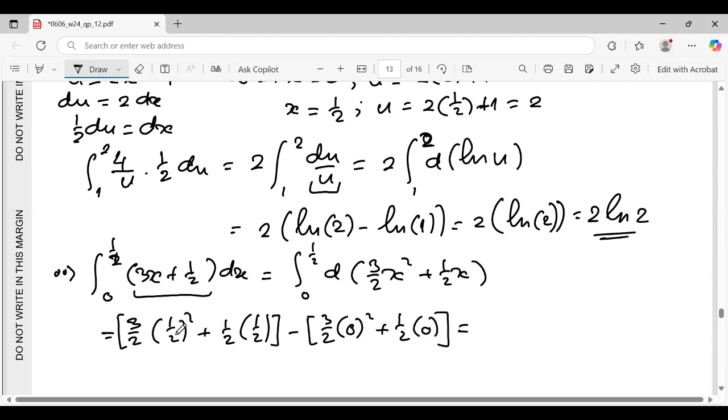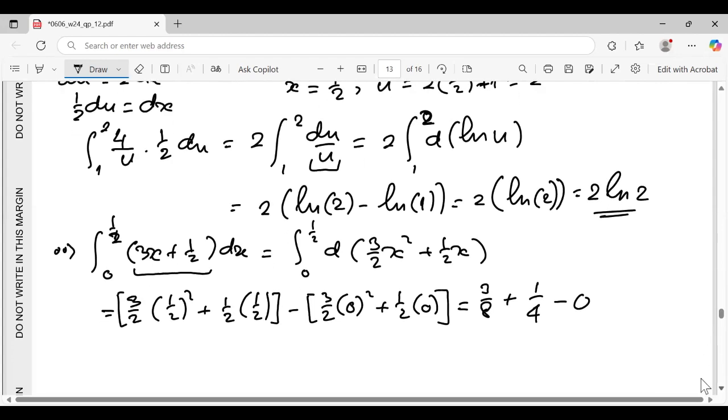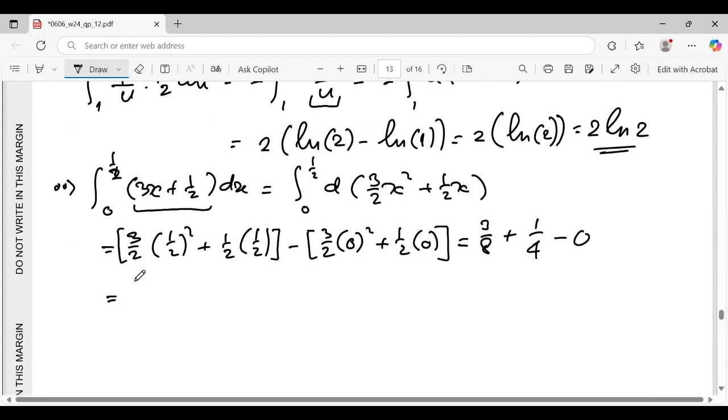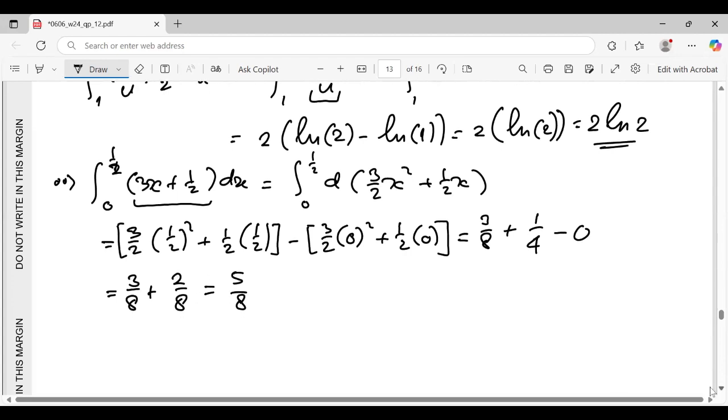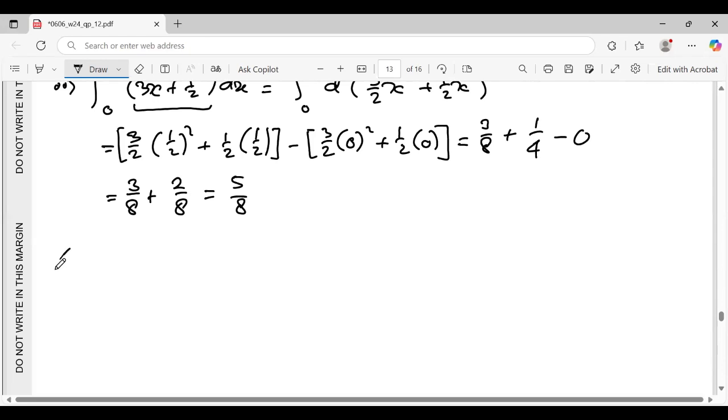This is 1 quarter times 3 half, equal 3 over 8, plus 1 quarter minus 0. It becomes 3 over 8 plus 2 over 8, 5 over 8.